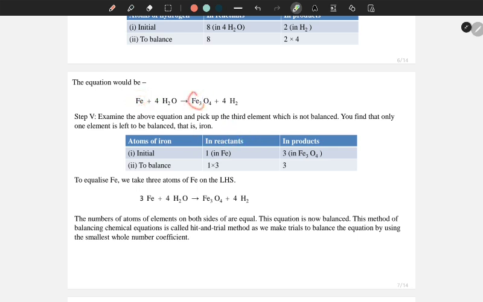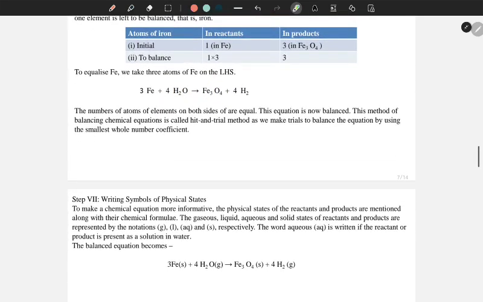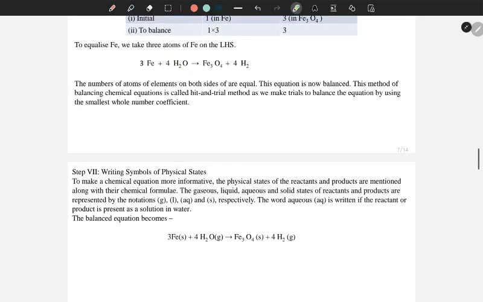And on the product side there are 3 iron, so we have to add 3 on the reactant side. To balance the chemical equation we add 3 here, and then it is balanced. So now we have 3 iron, 8 hydrogen, and 4 oxygen, right? So this is the balanced chemical equation.